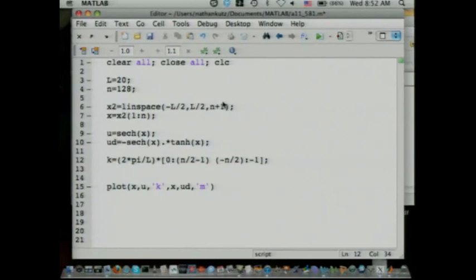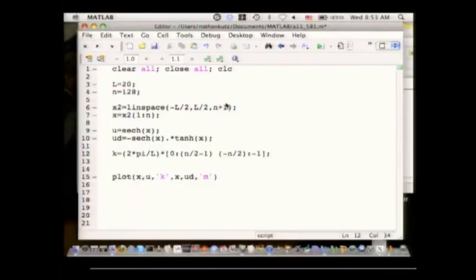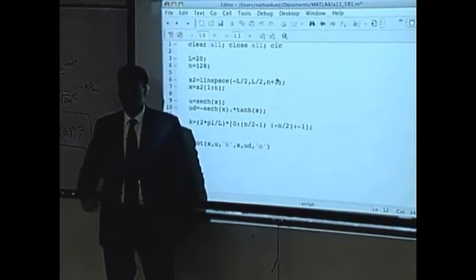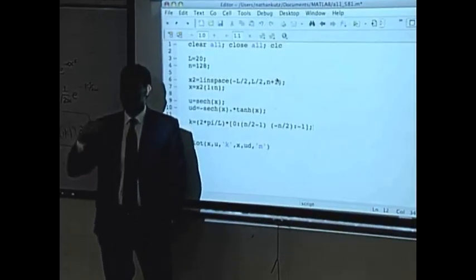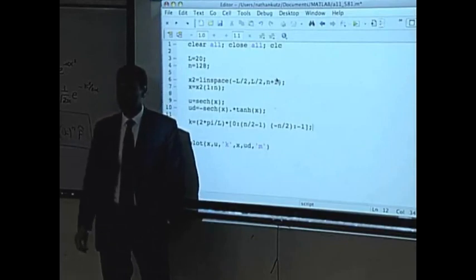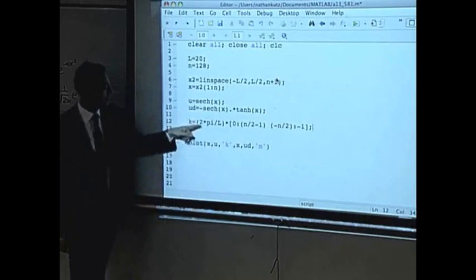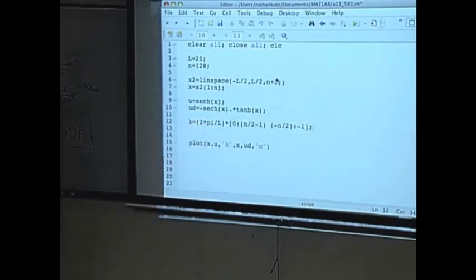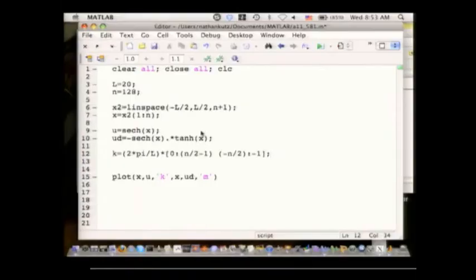A couple things we've got to do. First, we have to understand that the FFT is in this shifted frame. So we take our wave numbers and we shift them. The wave numbers should go from negative k values to positive k values. Second thing, the FFT thinks you're working on a 2 pi periodic domain. I'm not. I'm working on 0 to L. So I have to rescale from 2 pi to L. The factor of 2 pi over L is all about the rescaling.